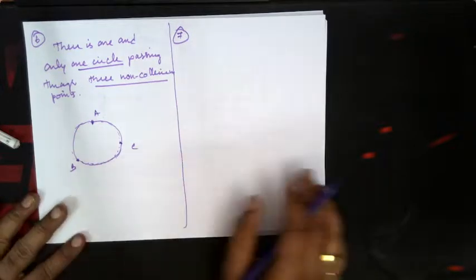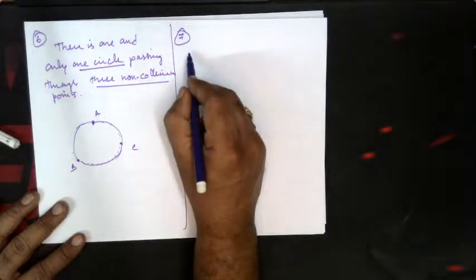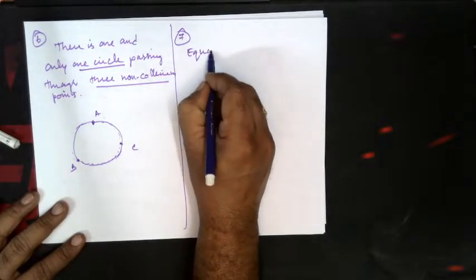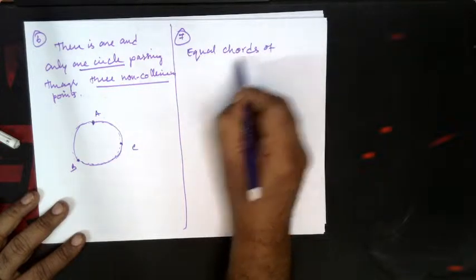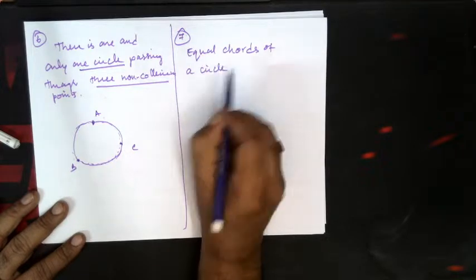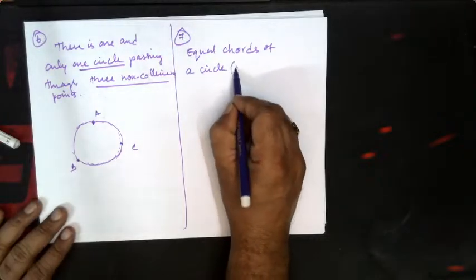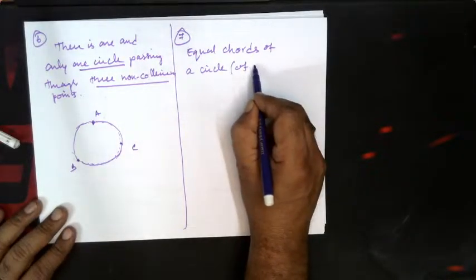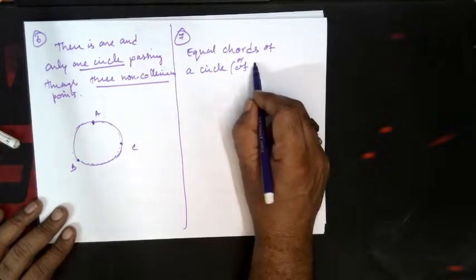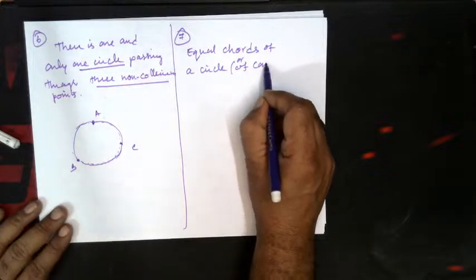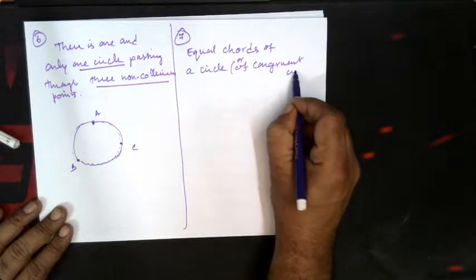Equal chords of a circle are equidistant from the corresponding center. Take down: equal chords of a circle, whether it is a single circle or of two circles, that is congruent circles, or even many, but they should be congruent circles.